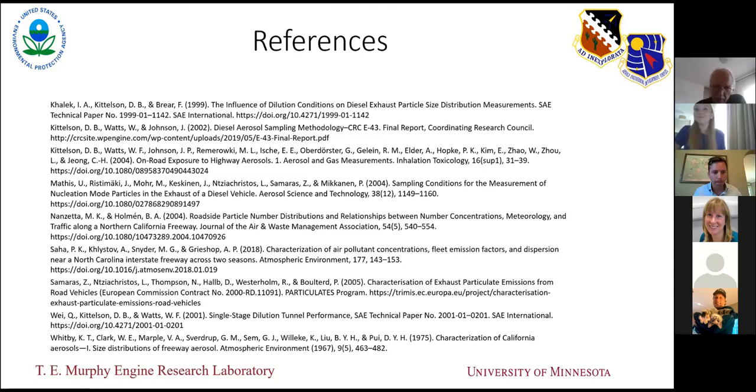Yes, I think that's very important. That's where there is a lack of standardization. And that's why we're saying it makes sense. A 500 nanometer upper cut point really makes sense because it captures all the metrics we talk about: number, surface, and mass. A lower cut point doesn't make a lot of difference on anything but number, but it makes a big difference on number.